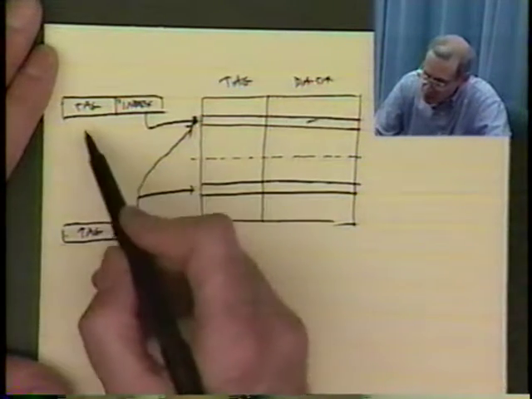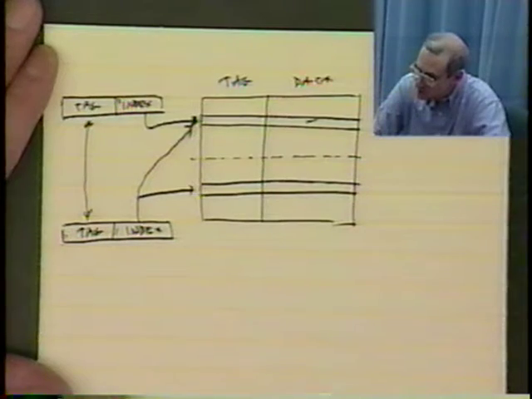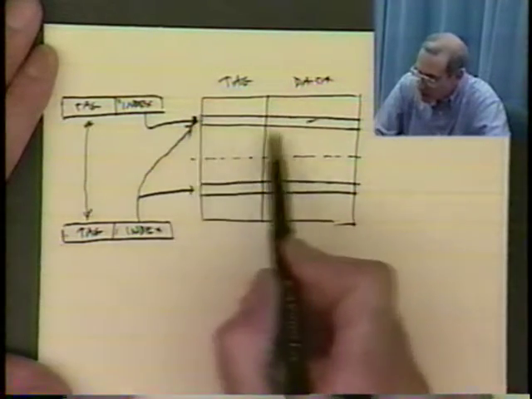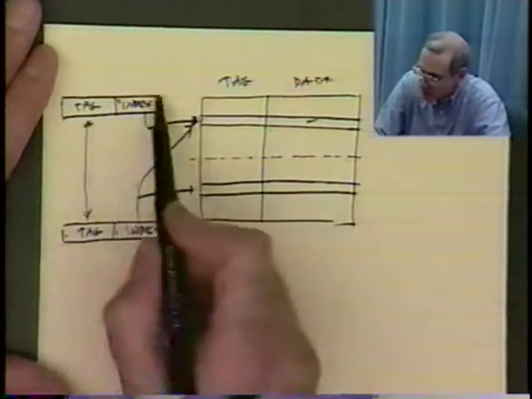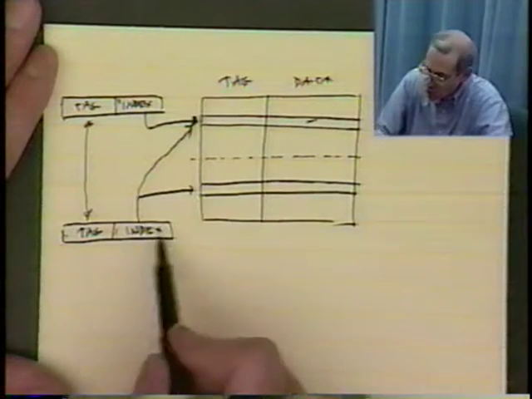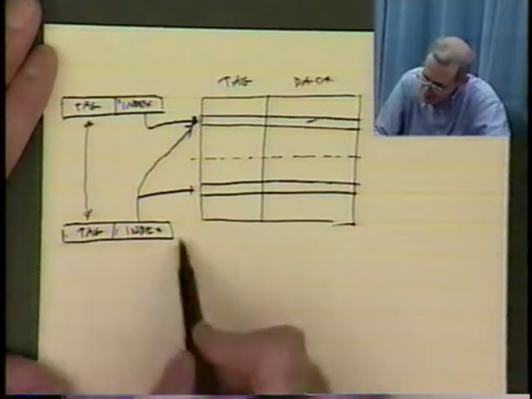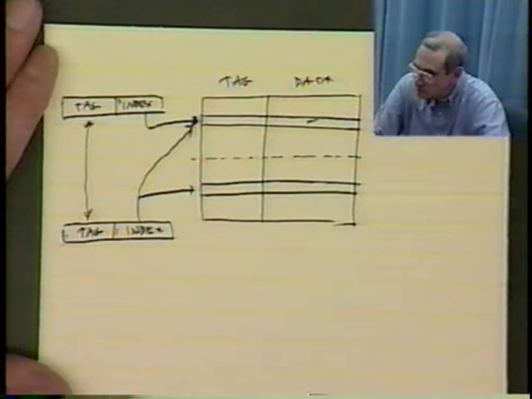And let's further say that the rest of these tag bits are identical. If that's the case, then by looking at this entry in the cache, how can you tell whether it's the data for this address in that cache location, or the data for this address that happens to be in its alternate location?